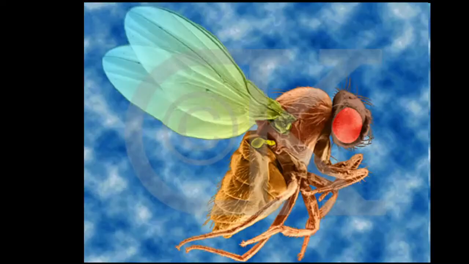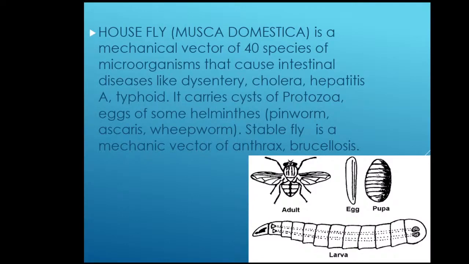The next family of order Diptera is family Muscidae. It includes different flies. Our first fly is the housefly, Musca domestica. This is the simple housefly, which lives everywhere.